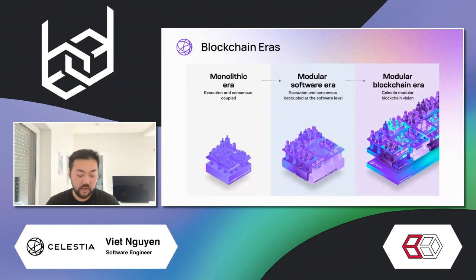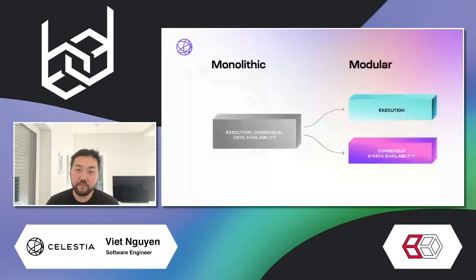Let's look deeper into this modular blockchain era and what a modular blockchain actually is. In the monolithic world, as you saw, execution, consensus, and data availability are coupled together. They're heavily tied, and you basically have everything in one box.